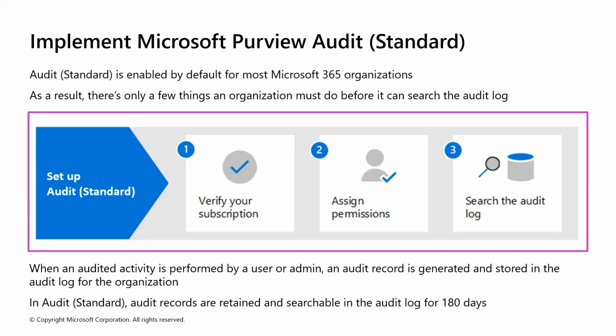Next, verify your subscription to make sure you have the right licensing in place. Then, you'll need to assign the appropriate permissions to the users who will be performing the audit log searches. Once you've got that done, you're ready to search the audit log. And every time a user or admin performs an audit activity, a record is created and stored. These records are retained for 180 days, giving you a solid window for investigation or compliance reviews.